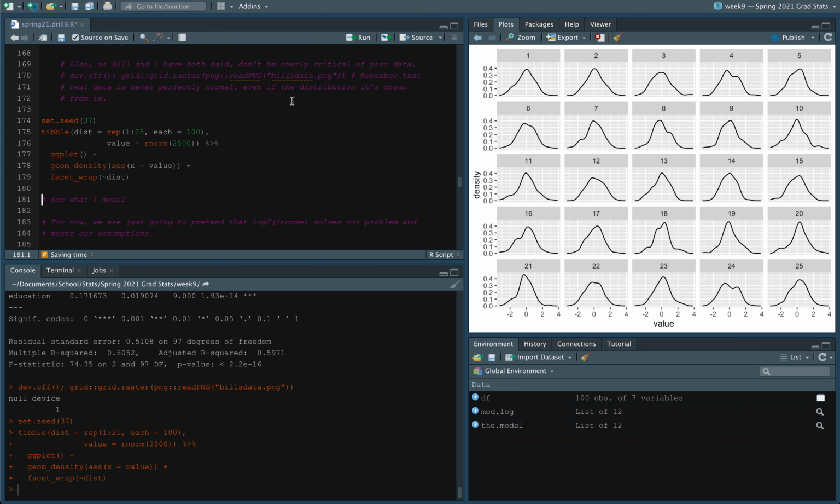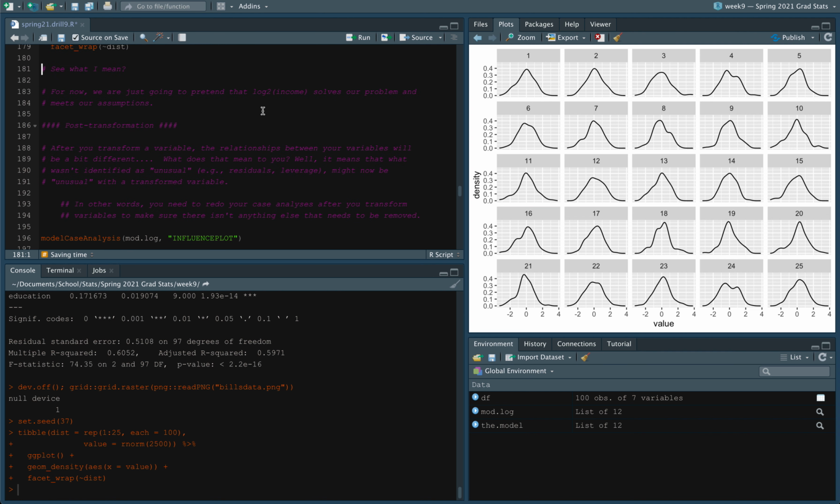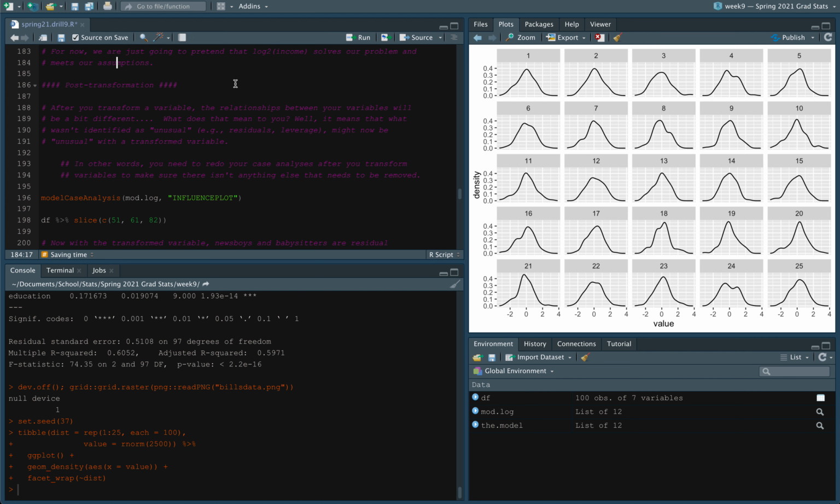For now, we'll pretend that log2 income solves our problem, though, and meets our assumptions just for grins and giggles. So I'm just going to hand wave everything else away, and we're going to say, cool, the log2 transformation of our income solves our problems. So after you transform a variable, the relationships between your variables will change.